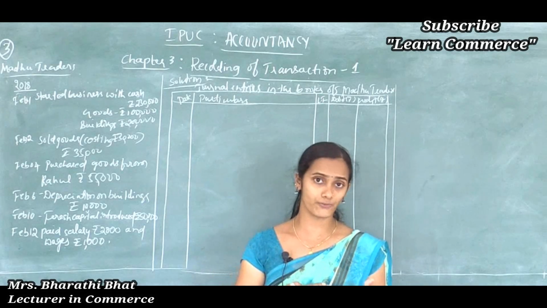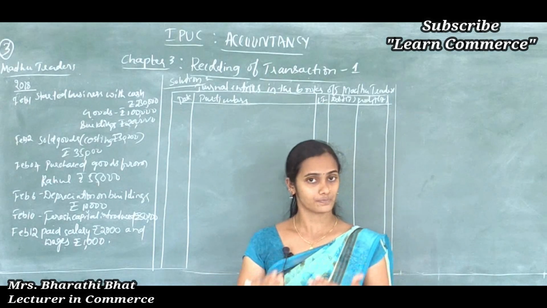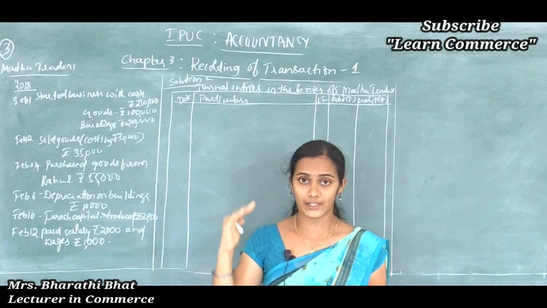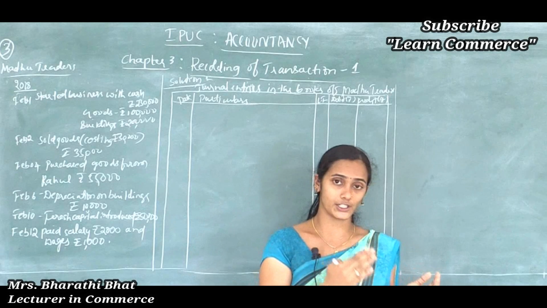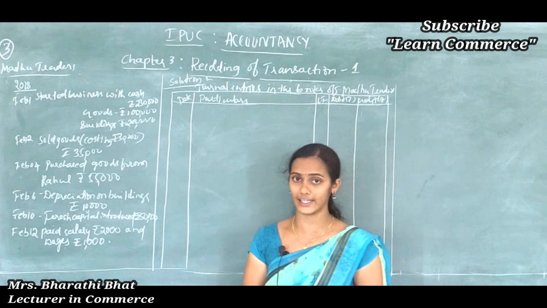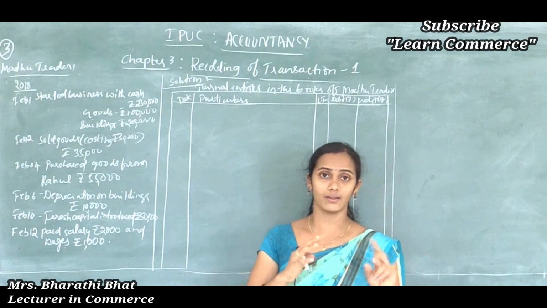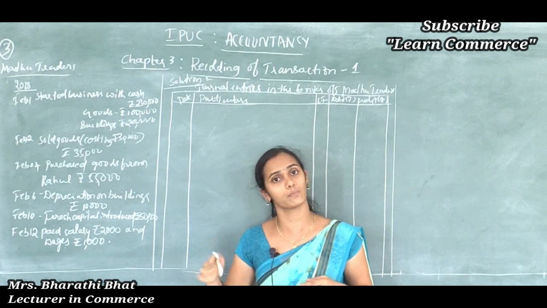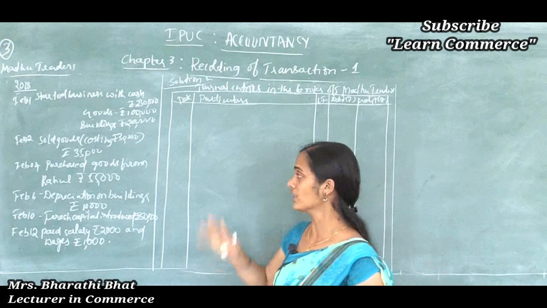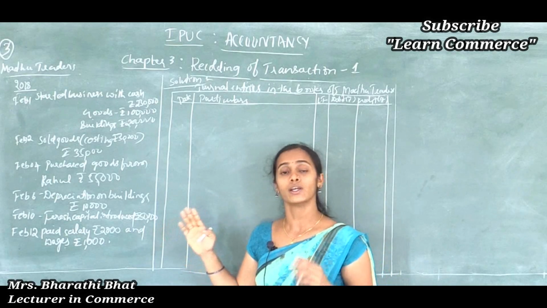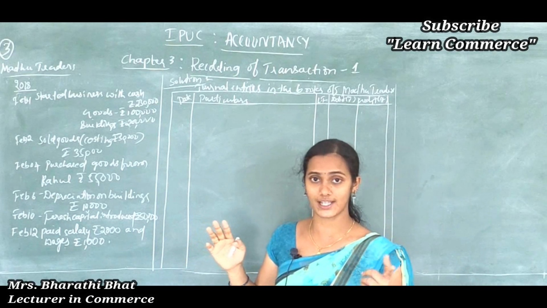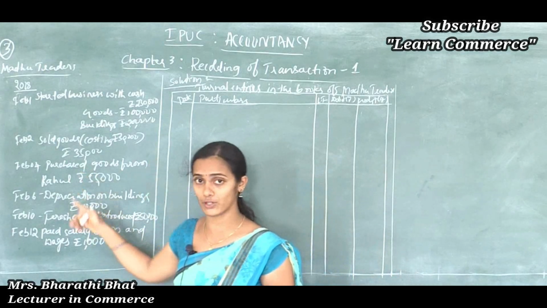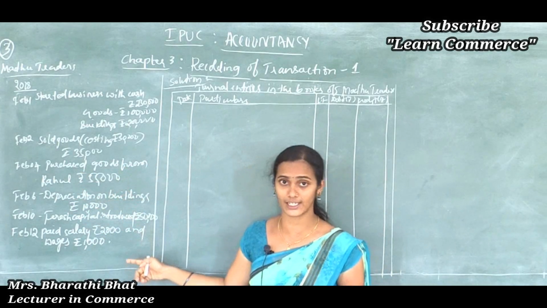If the number of amounts to be debited or credited is more than one, then for such transactions we need to pass compound journal entries. There we should debit more than one account or credit more than one account. Passing the journal entry for such a transaction is called a compound journal entry.